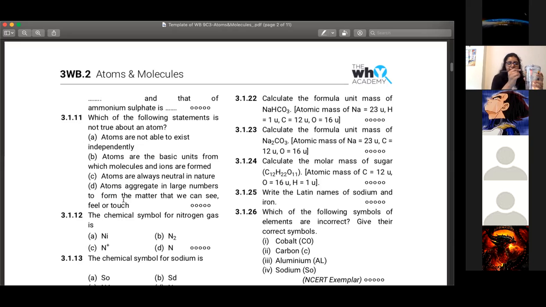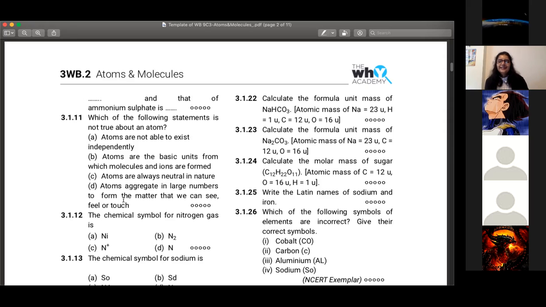So they're basically atoms in large numbers. I can see the glass because all these atoms have come together and they're existing together. And I can feel it, I can touch it because they're there in large quantities. I can't do that with a single atom or two atoms because it's really tiny. But when they come together in large numbers, we can see them, we can feel them. That's what matter is, no? Matter is made up of atoms coming together.